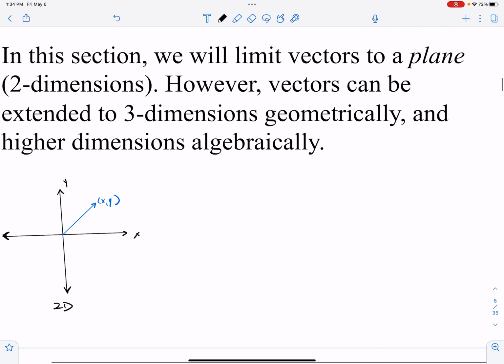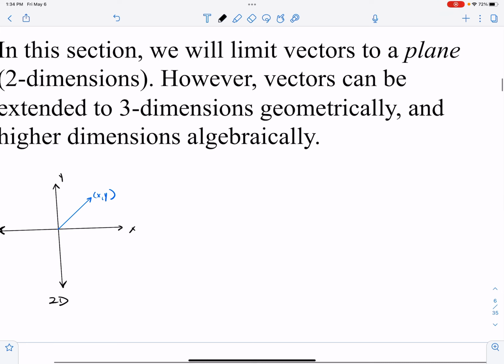Now if we were to add a 3rd dimension, think about 2 dimensions representing a plane, and then adding a 3rd vertical dimension. To draw this, I'm going to do the best that I can, but it's difficult to draw 3 dimensions on 2 dimensions. Let's say that this is the XY plane.